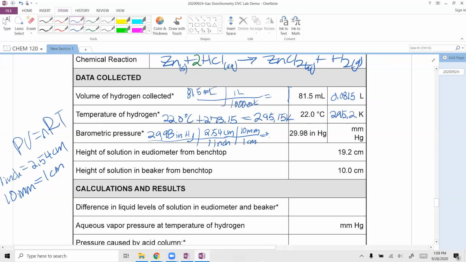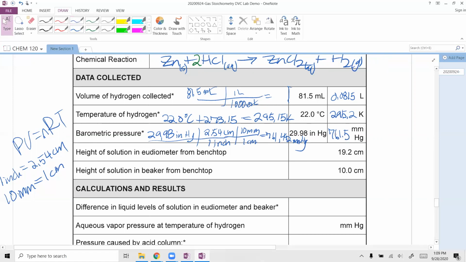So we find out that there's 761.492 millimeters of mercury. And if we think about the significant figures, we should have 4. So 761.5 millimeters of mercury.